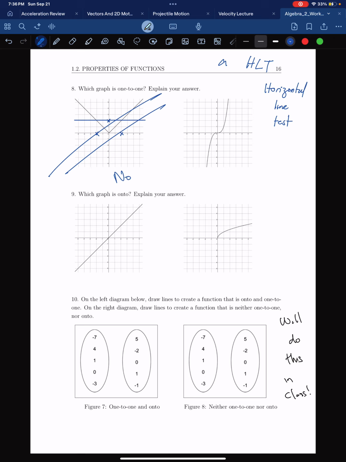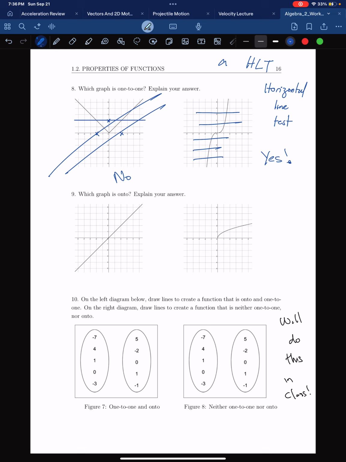And then what about this one? If you use the horizontal line test, yes, you are one-to-one. Now what about onto? A function is onto, so what we said, if every number in the codomain is equal to the numbers in the range.